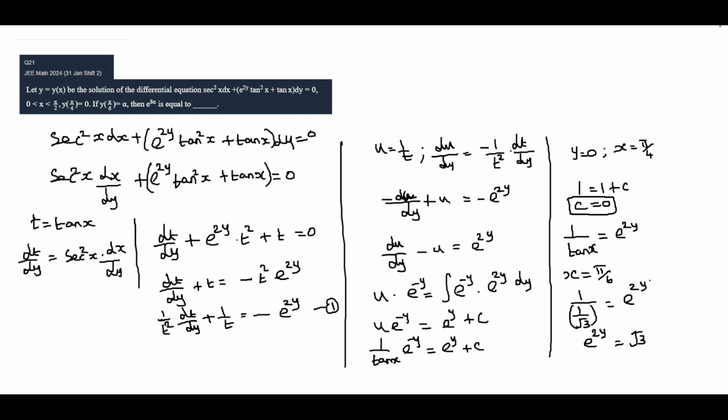Let y equal to alpha, so e power 2 alpha equal to root 3. I need e power 8 alpha, so I raise to the power 4: (e power 2 alpha) whole power 4 is equal to (3 power 1 by 2) whole power 4, that is 9. So e power 8 alpha, the answer is 9.